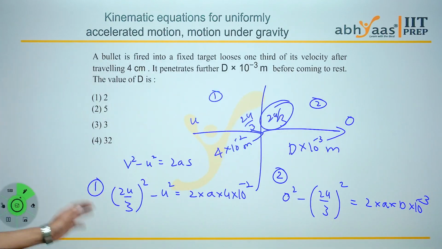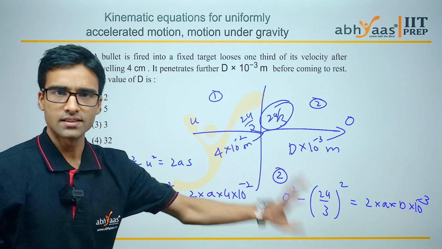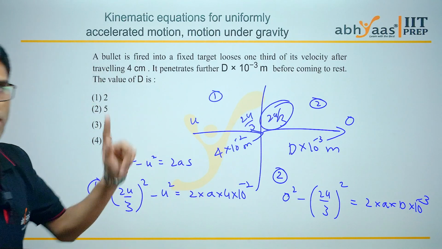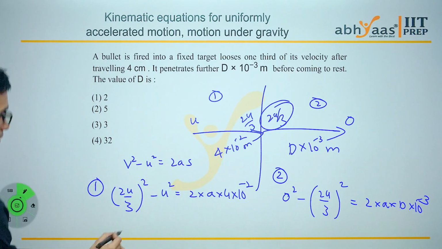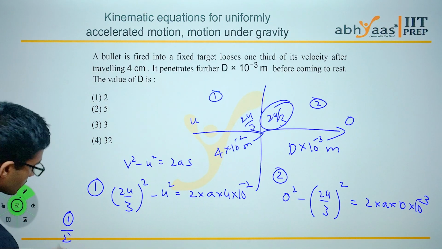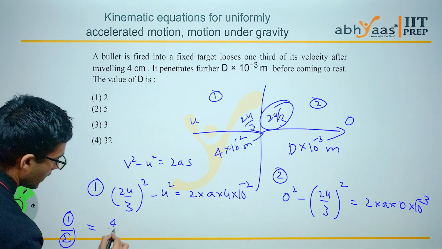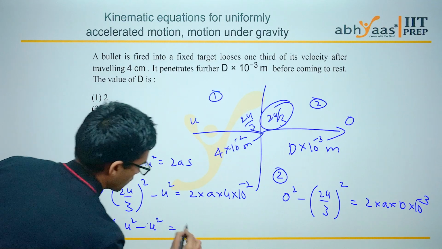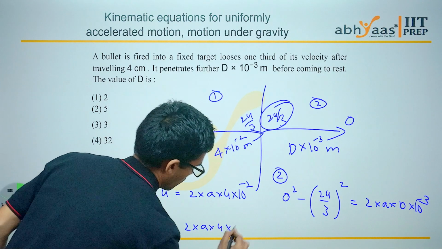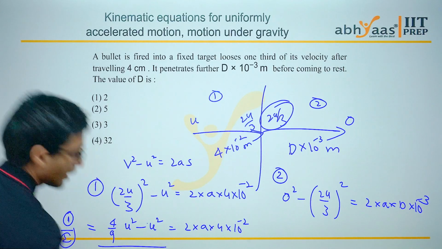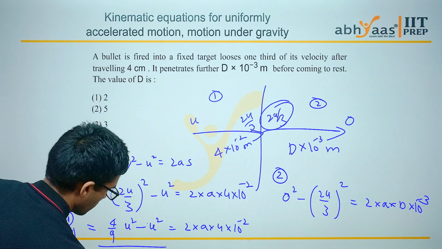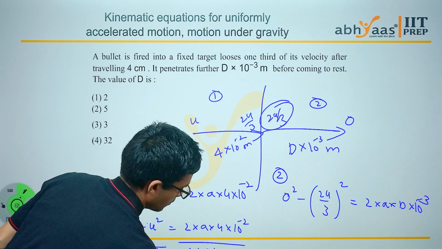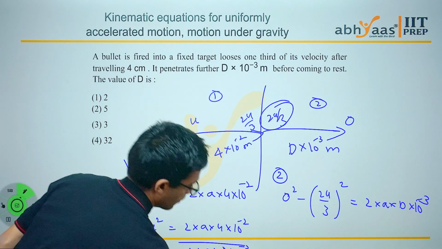What I will do, because a I don't know, and we also want d, so two things are there, that's why I am dividing 1 by 2. So if I do that, 4 by 9 u square minus u square is equal to 2 into a into 4 into 10 power minus 2, divided by 0 minus 4 by 9 u square is equal to 2 into a into d into 10 power minus 3.